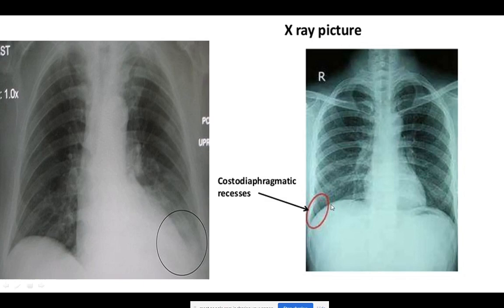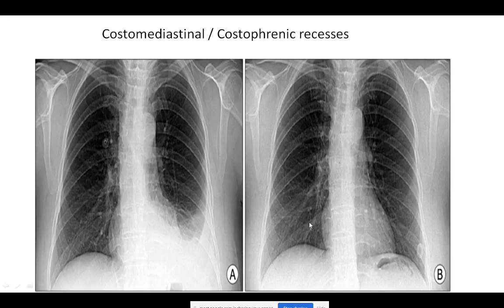In a normal chest X-ray, the costodiaphragmatic recess is very sharp, whereas in abnormal lung diseases or in pleural effusion, this recess is blunt. If it is filled with fluid, like in a case of pleural effusion, this recess will be blunt and will not be sharp.